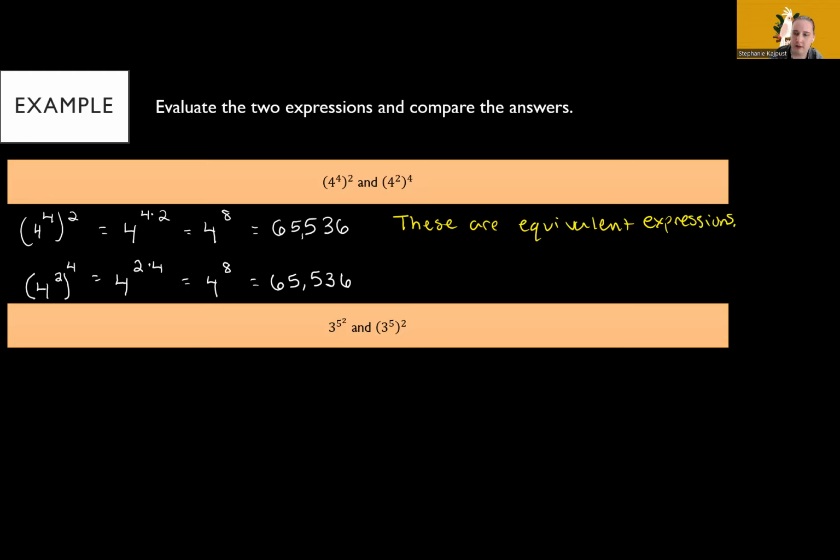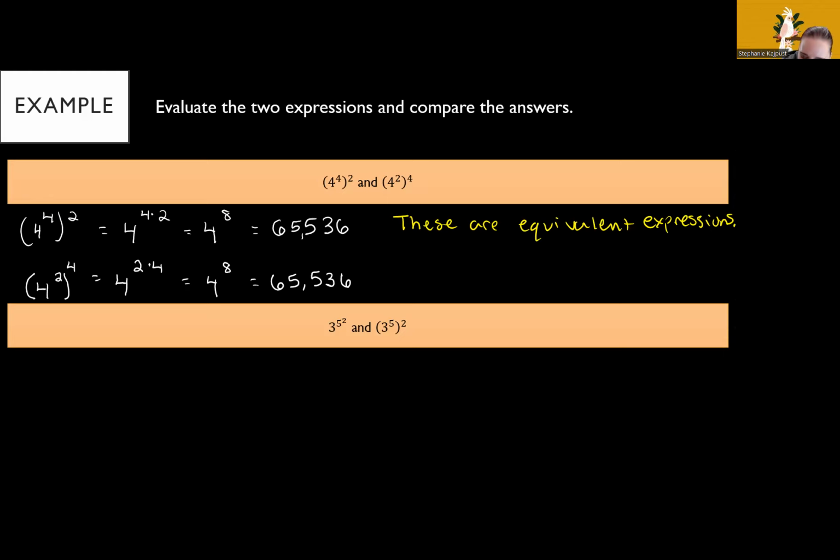And why did we get the same answer? It's because the power rule is multiplication, and the order of multiplication doesn't matter. We learned that we have the commutative property of multiplication. Whether we do 4 times 2 or 2 times 4, you get the same answer.